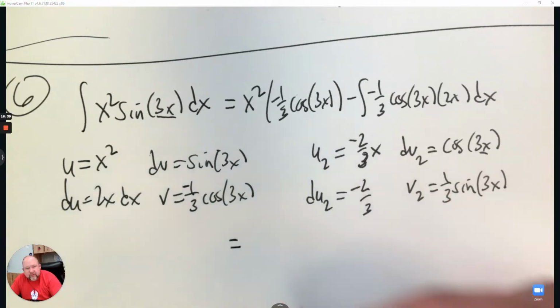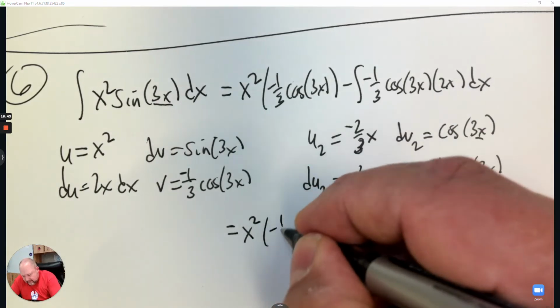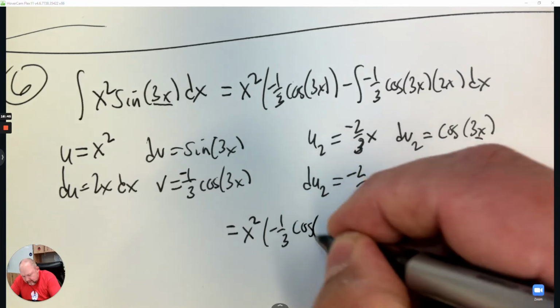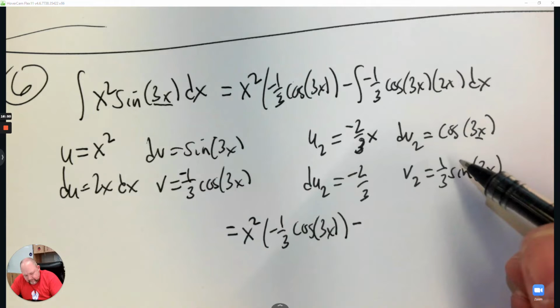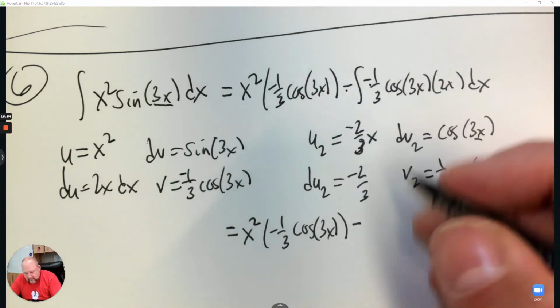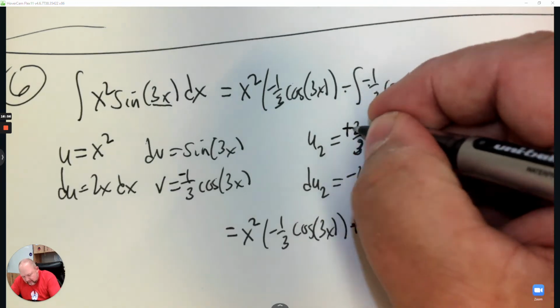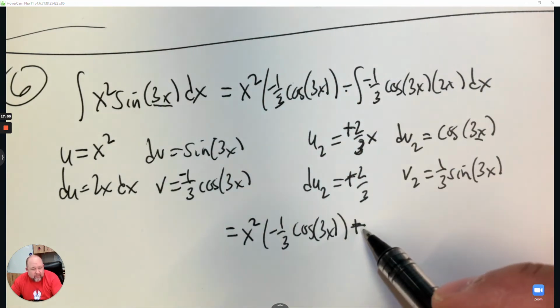And now I'm going to put the answer down here and finish it. So it's x squared negative 1/3 cosine 3x minus, and again, in fact, a negative times a negative is positive. So why don't I just make this positive? So then I don't have to worry about it. So a negative times a negative is positive.